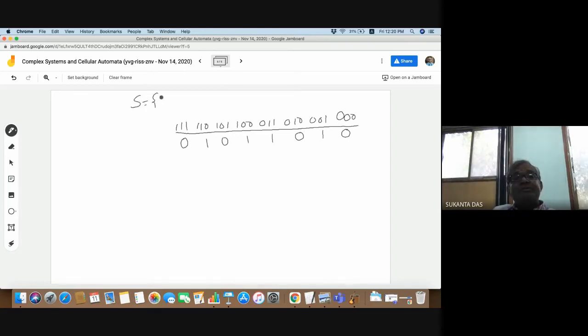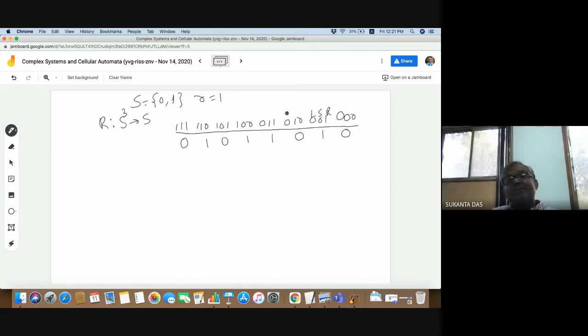In case of an ECA rule, the states are 0 and 1, and R equals 1, so three neighbors. Any rule R is a function from S cube to S, because 2R plus 1: a cell depends on the left neighbor, right neighbor, and itself. In the tabular form, the first row represents the combination of states of neighbors: left neighbor, self, right neighbor.